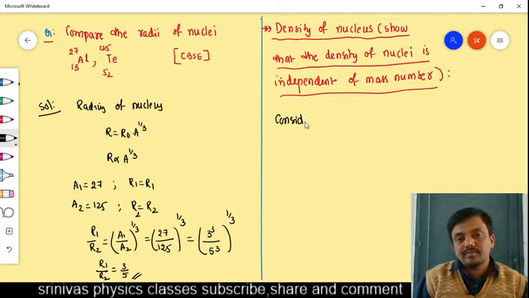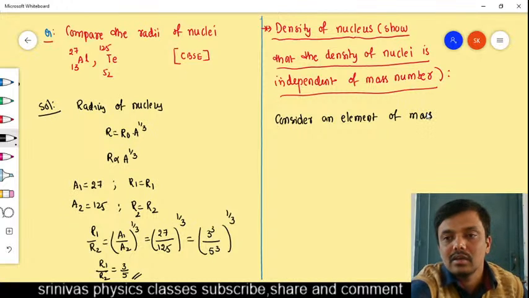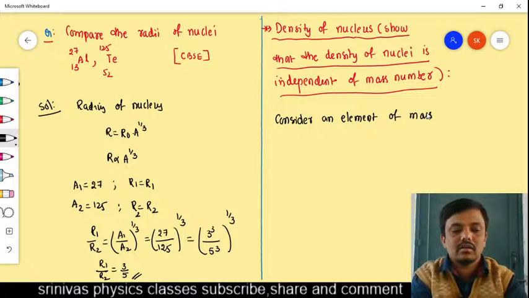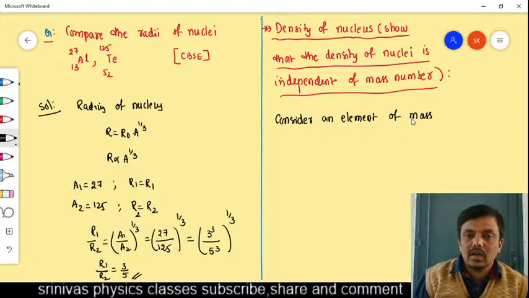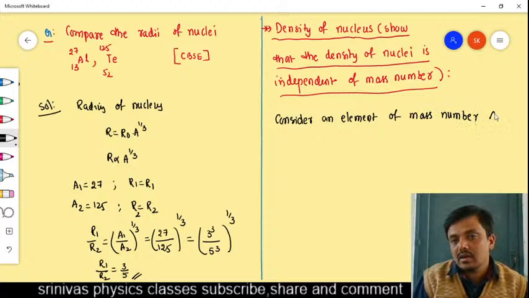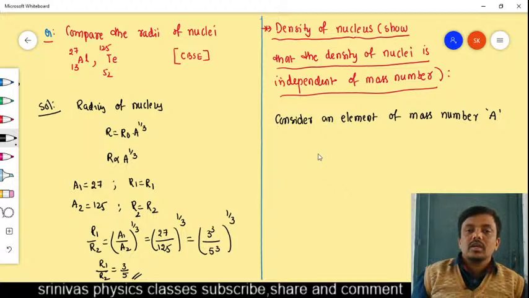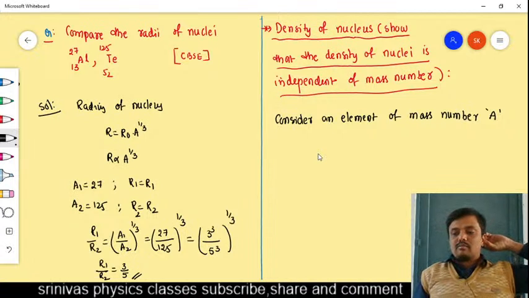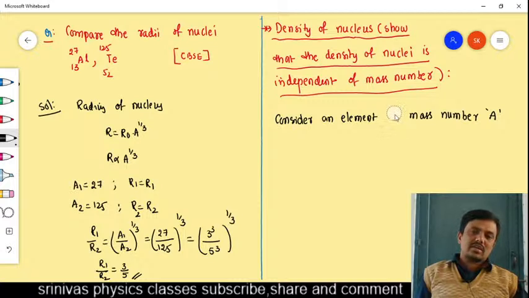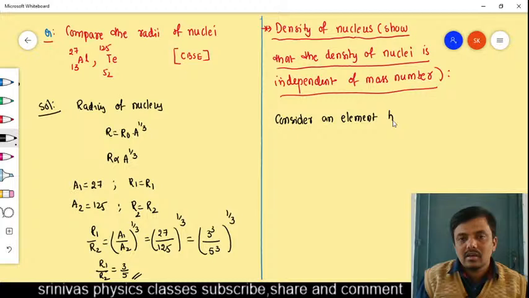Consider an element that has capital A number of nucleons.